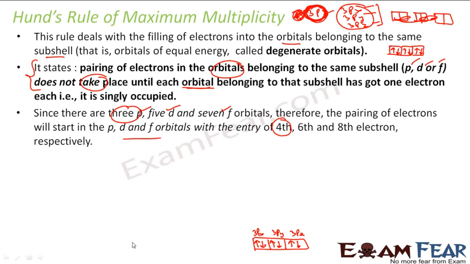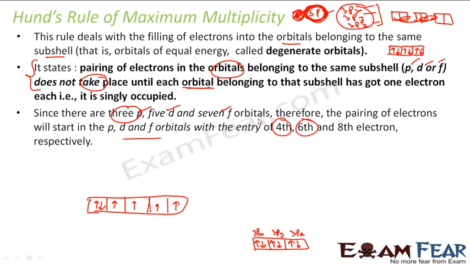For d, if you talk about the d subshell, it will have 5 orbitals, 1, 2, 3, 4, 5, like dxy, dyz, dx²-y² and so on. The first, second, third, fourth and fifth electrons will be filled like this without pairing. Only the sixth electron will be paired. So the pairing starts from the sixth electron.